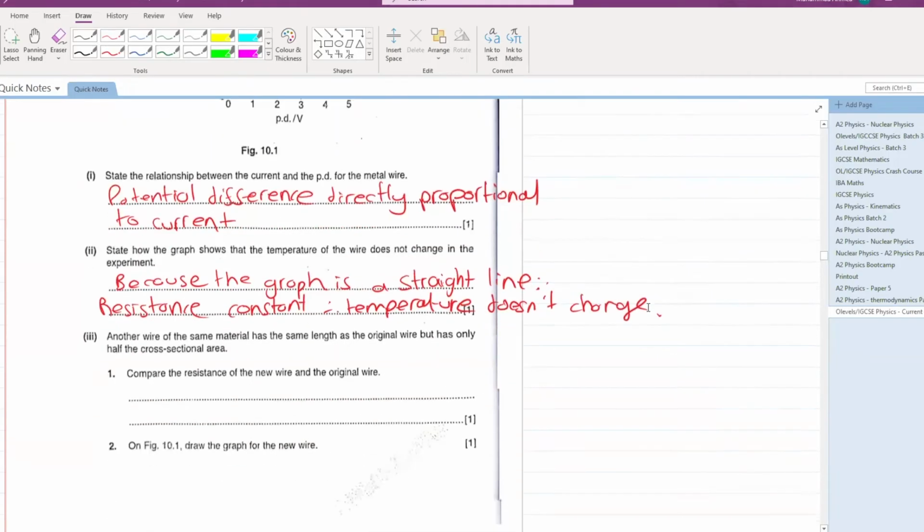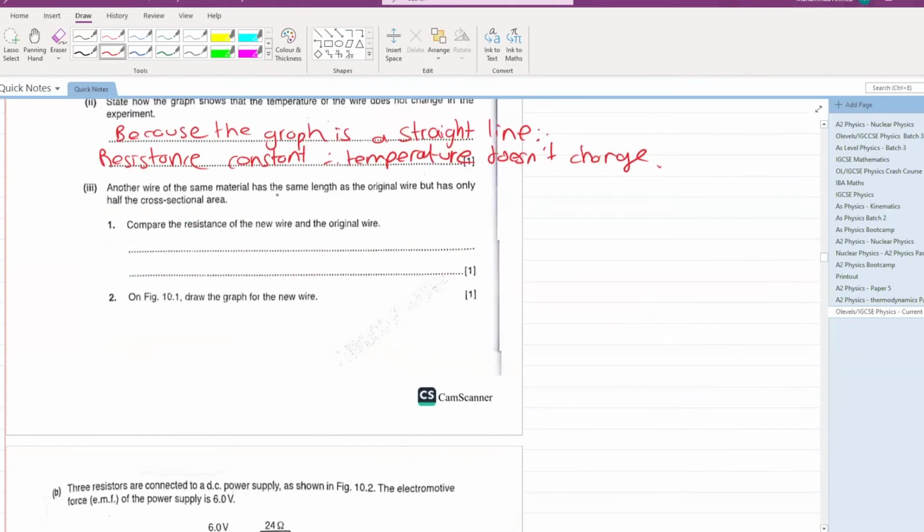Let's further move ahead. Another wire of the same material has the same length as the original wire but only half the cross sectional area. Compare the resistance of the new wire and the original wire. We know that resistance is inversely proportional to area. If you halve the area, what will happen to the resistance?